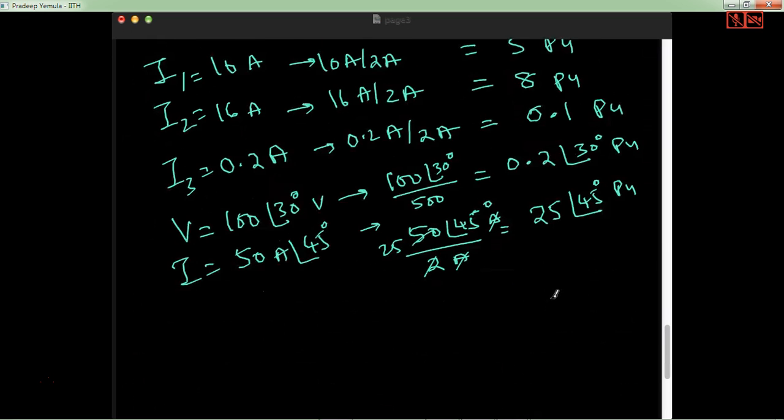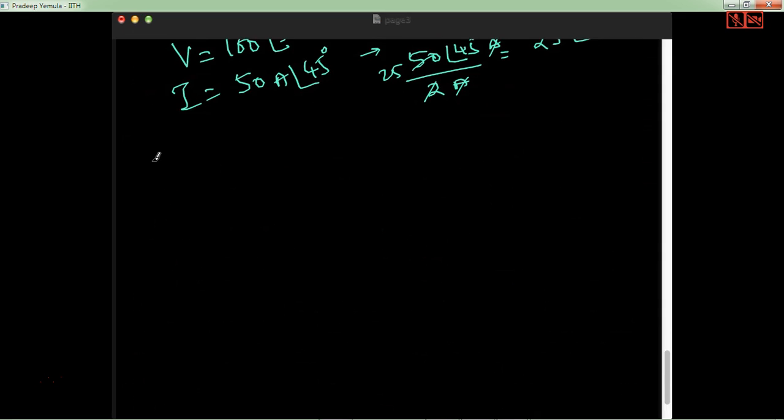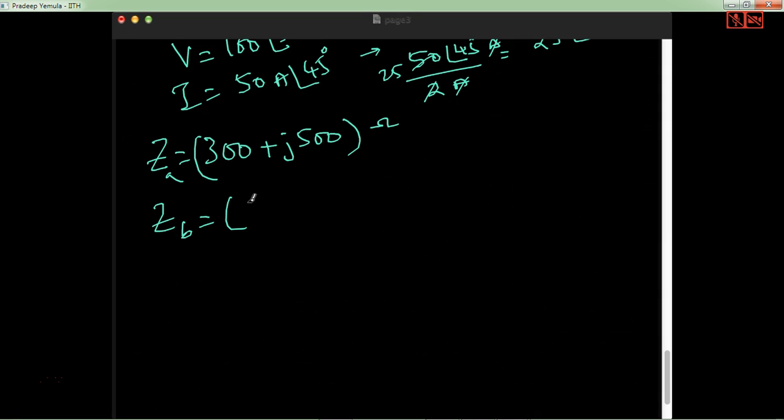Okay, so let's continue. Let's say impedance 3 plus J5. Sorry, 3 plus J5 is quite a small value. So let's say 300 plus J500. This is ZA. ZB, let's say 100 minus J50.